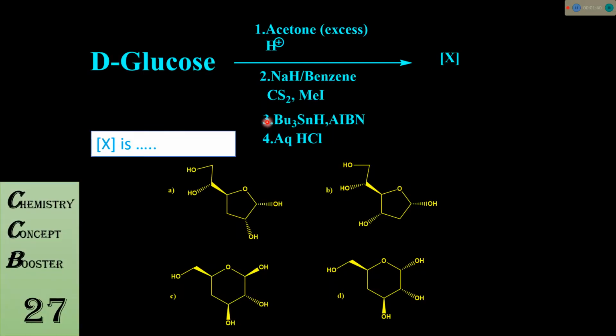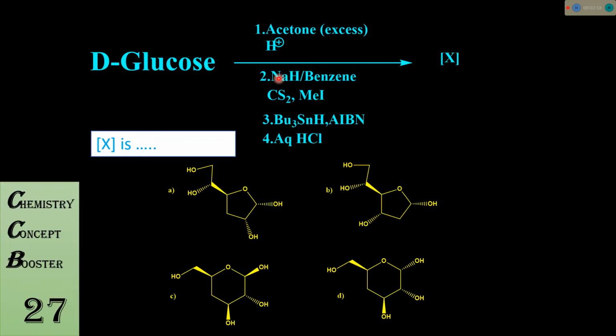So now we modify the question. This type of question was asked earlier: just using D-glucose in the presence of acetone in acidic medium, what will be the product? Now we added some more reagents to see what kind of mechanism takes place, and I am telling you that you will learn lots of concepts from only this question.